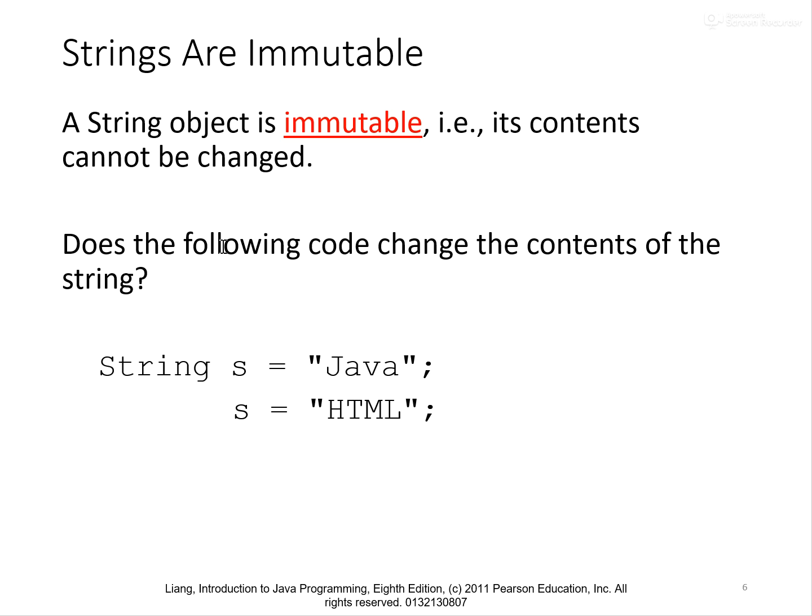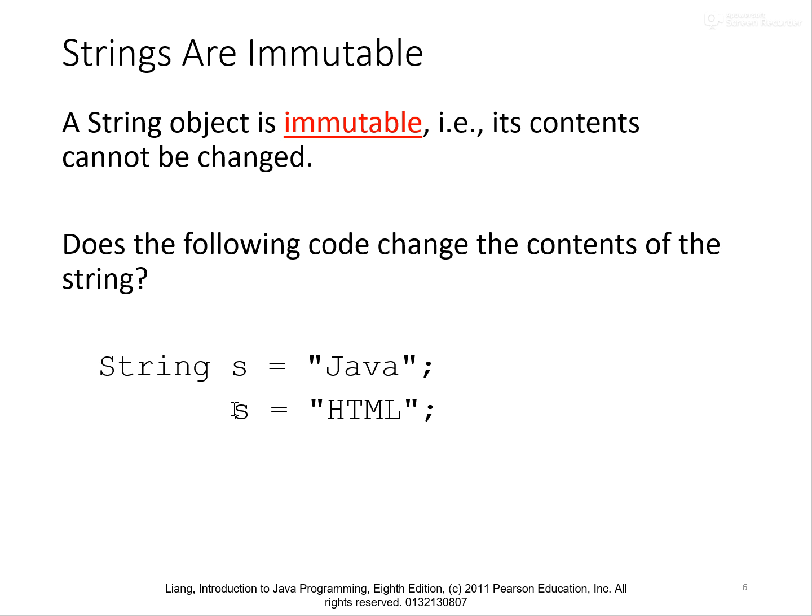Okay, that sounds new. It throws up the question: what happens if I were to try to run code like these two lines that I have over here? What we're doing is creating and initializing a string object s with the text Java. In the second line, it seems like I'm assigning a new string, HTML, to that same string s.